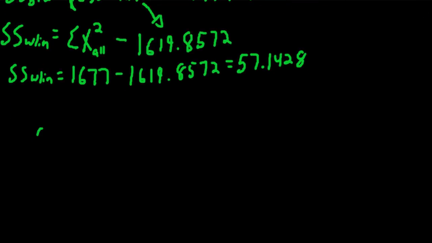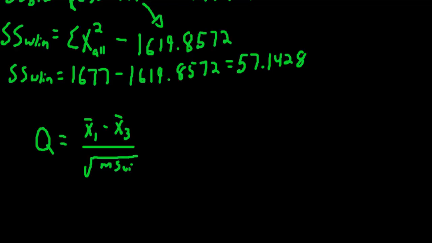The formula is based on the studentized range statistic, which is usually symbolized by Q. We're basically comparing two means. So first we're going to compare group 1 to group 3, and then divide it by the standard error, which will be MS within divided by n, and the square root of that.